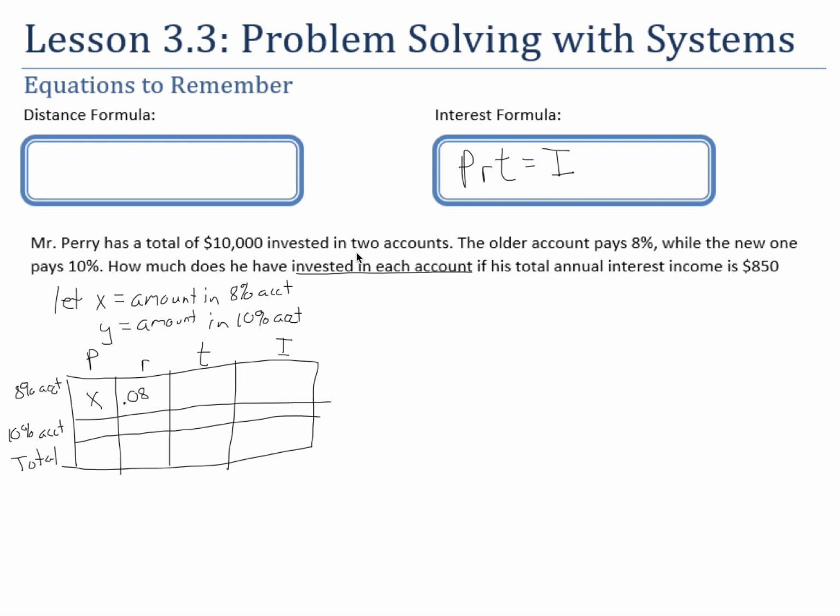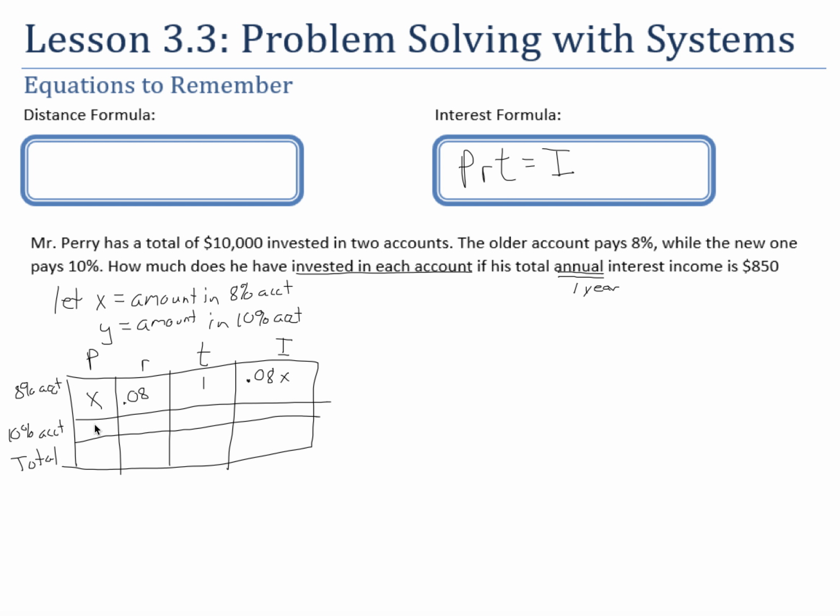I didn't see a time directly given to us anywhere in there, but actually it was. It says total annual interest, and that means 1 year. So our time is 1 year, and we know interest is these things multiplied together, so x times 0.08 times 1, our interest earned is 0.08x.